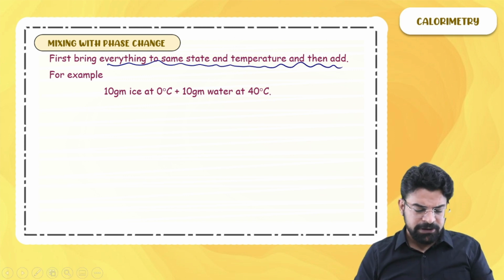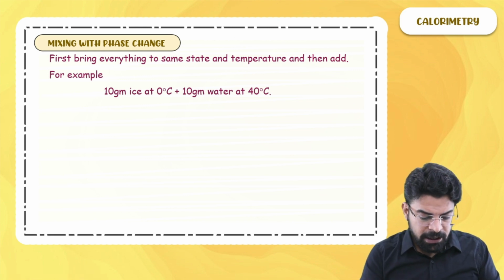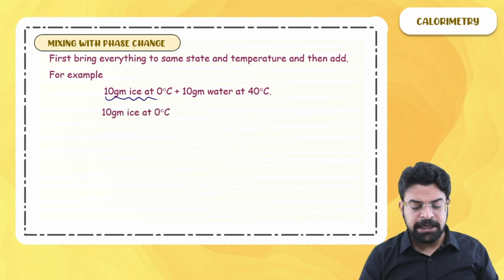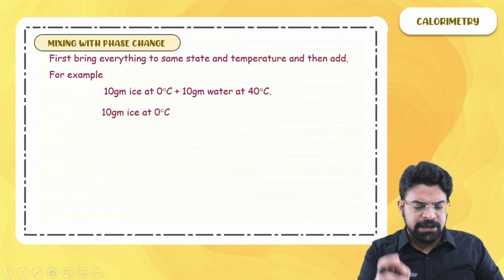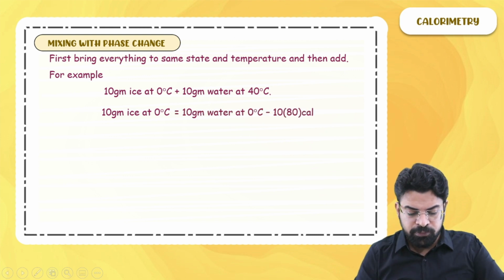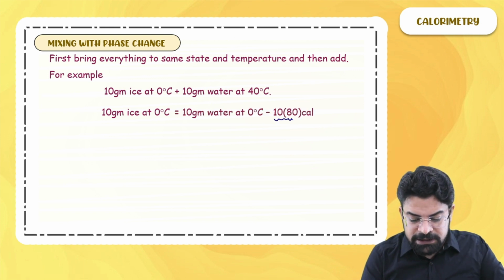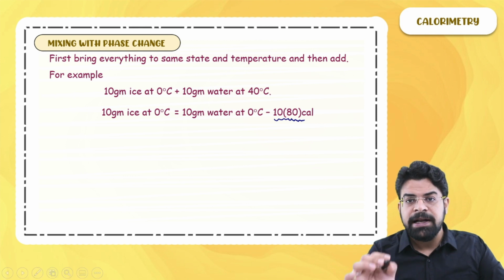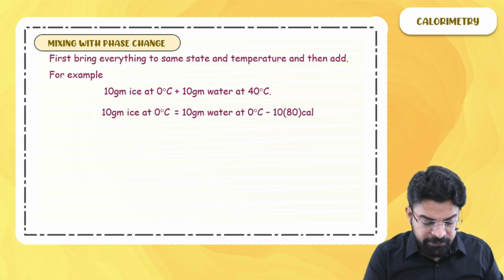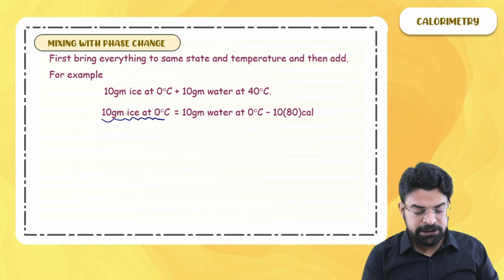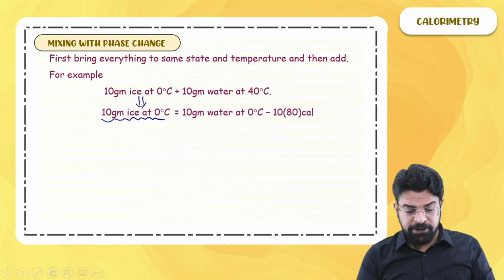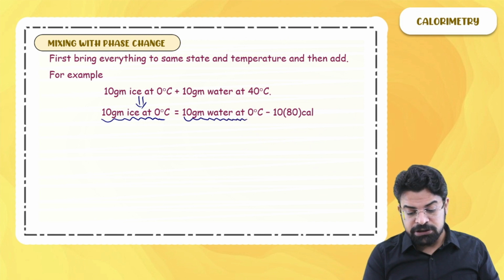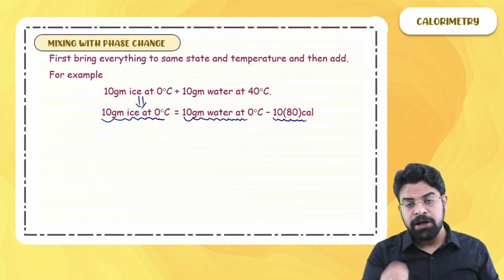What is the meaning of it? Listen. You can say having 10 gram of ice at 0 degree centigrade is as good as having 10 gram of water at 0, from which you are going to extract 10 into 80 calorie. Once more, having 10 gram of ice at 0, the first part only I am focusing, is as good as having 10 gram of water at 0, from which you are going to take out 800 calorie.